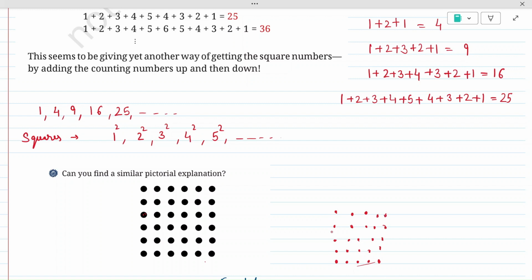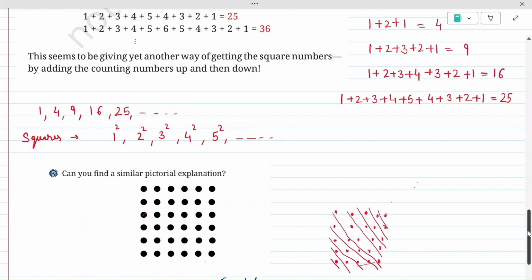So this one is a square of 25. This is 1, 2, 3, 4, 5. After that 4, 3, 2 and 1. So this is how we can make a square of 25, and this can go on and on. So this is how we can pictorially draw this sequence of squares.